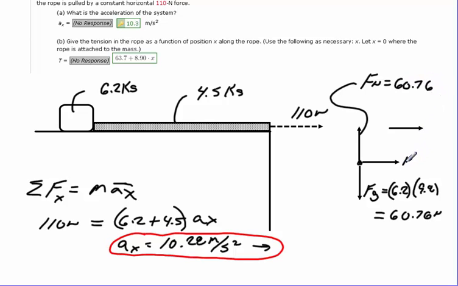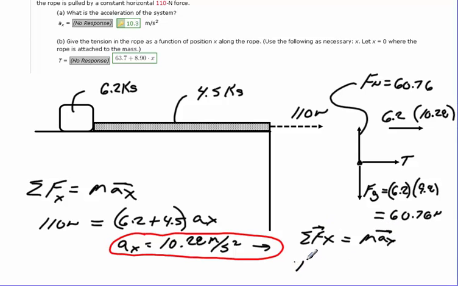This will be the tension here, and we know this will be 6.2 kilograms times my acceleration, which is 10.28. So I sum forces in the x, which equals mass times acceleration in the x.